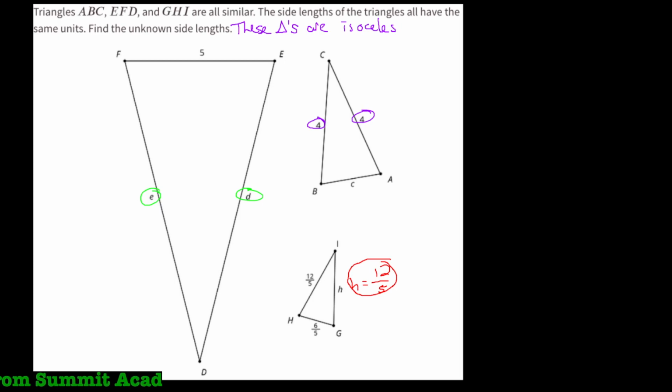Now comes the tough part, but it's still totally obtainable. We're talking about a triangle here, and we need to find our side length of C. Let's do it like this. I'm going to write it on the side over here.